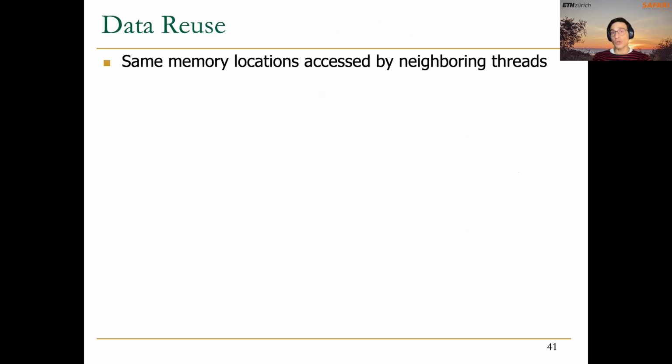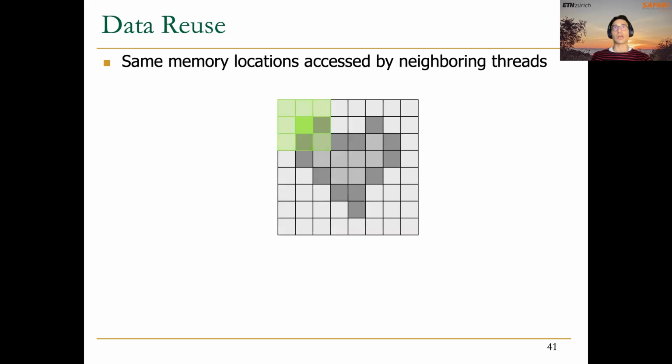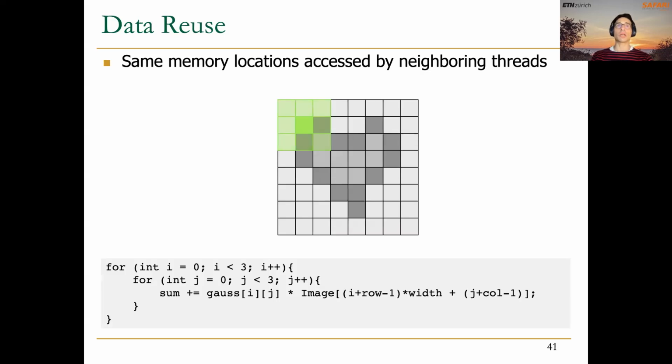And shared memory, as you know, is also very useful to take advantage of data reuse. This is actually an example that we covered in our previous lecture, a Gaussian filter being applied onto an image. Remember that in order to compute each output pixel, we do the convolution of one filter, represented here by this greenish window, and the pixels that are under the filter.